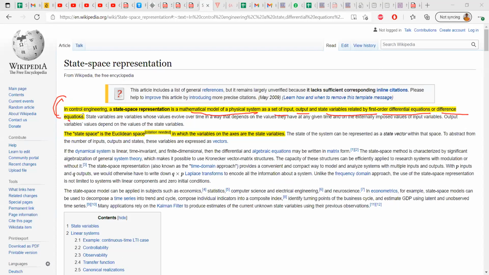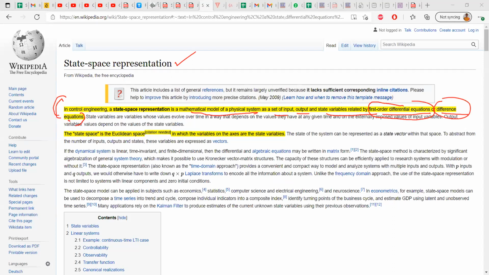This is the basic definition of state space representation.